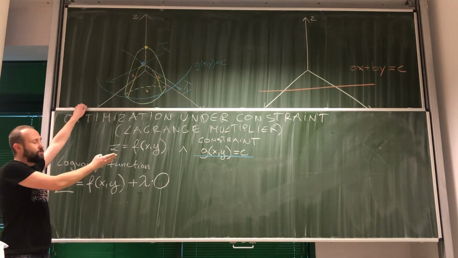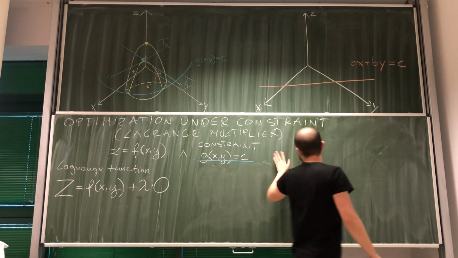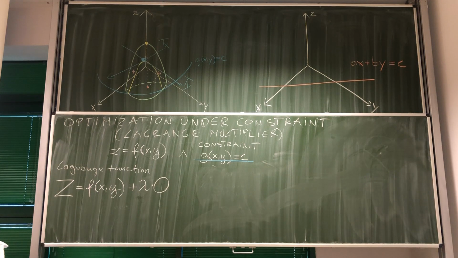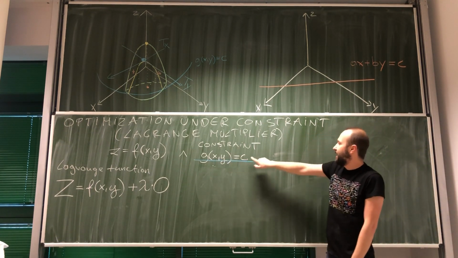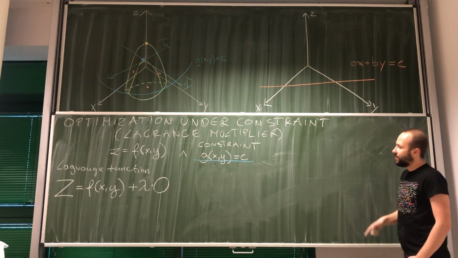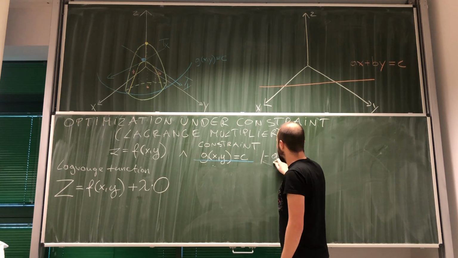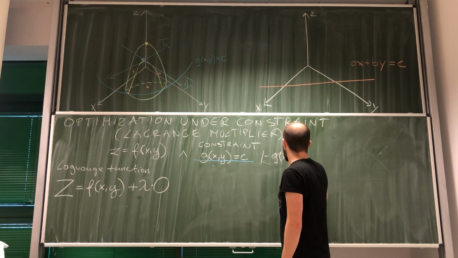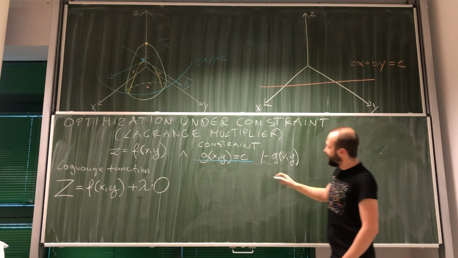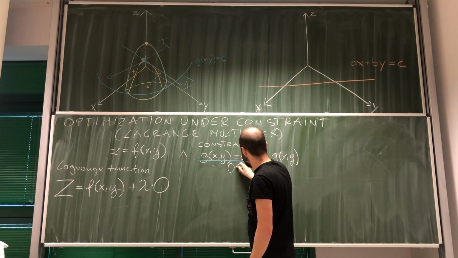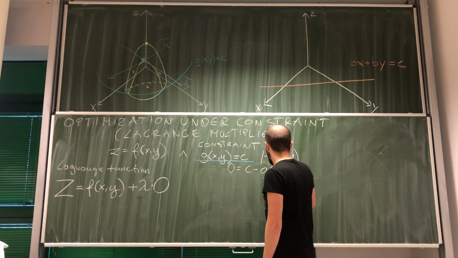Of course, we need to utilize our constraint. And what do we know from this constraint? We know that some function g(x,y) is equal to c. But this means that if I subtract g(x,y) from both sides of this equation, I'm going to get that 0 is equal to c minus g(x,y).